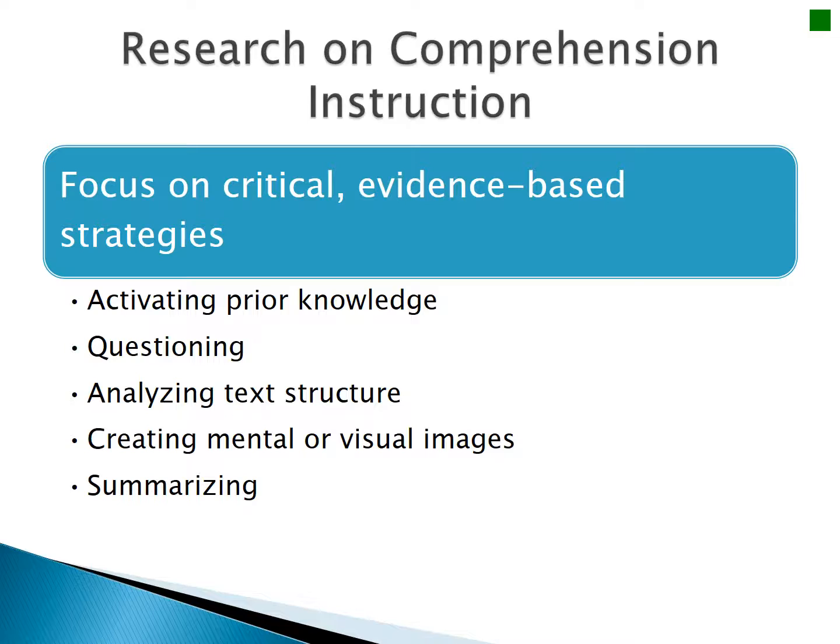And one of the best things that research has found that we can do is teach our students what happens in the brain of good readers when they read. So this is what I would always tell my students. I would say, when a good reader reads, they're always doing things in their brain that help them read better.